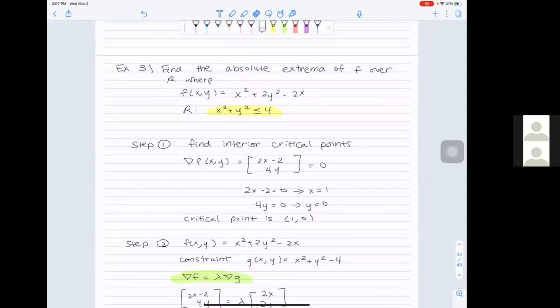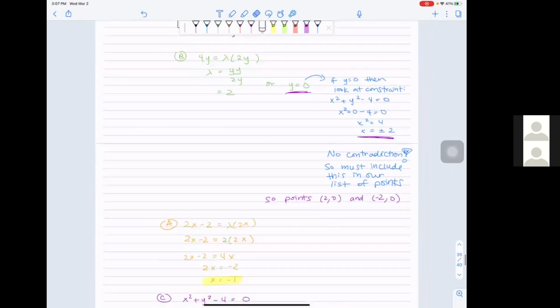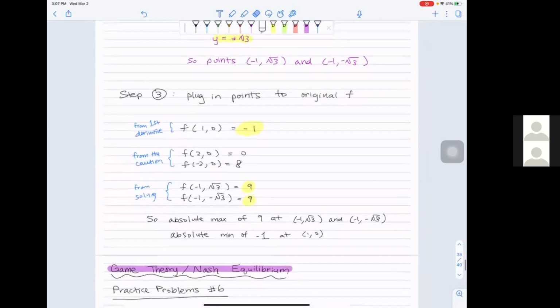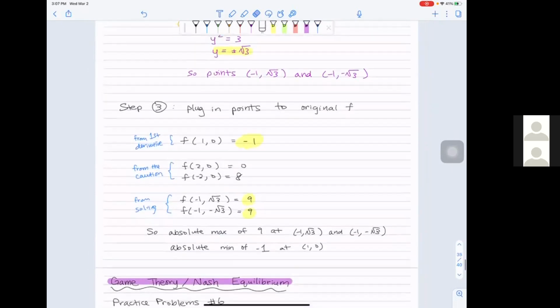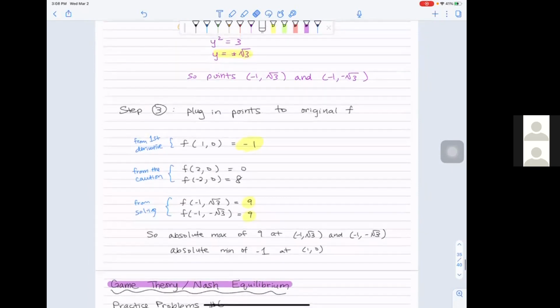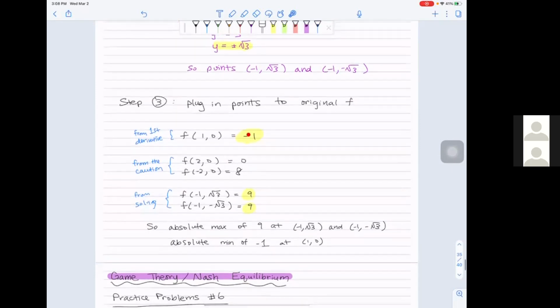So do you just assume it's an absolute? Well, if it ended up giving you a saddle, then this wouldn't be the lowest number possible. Okay. So it will either be the largest number is max, lowest number is min.